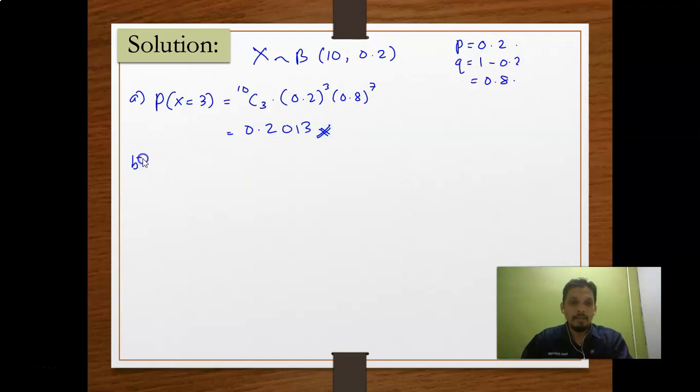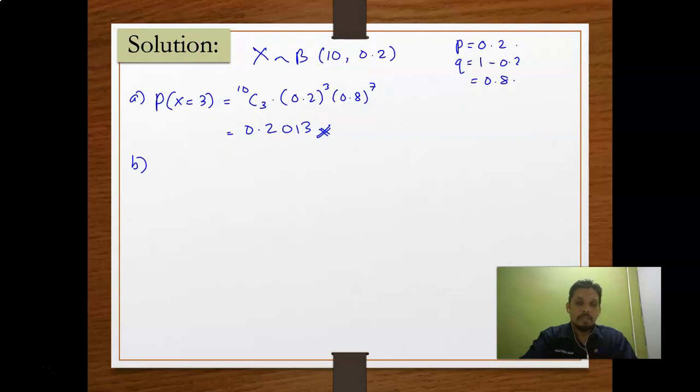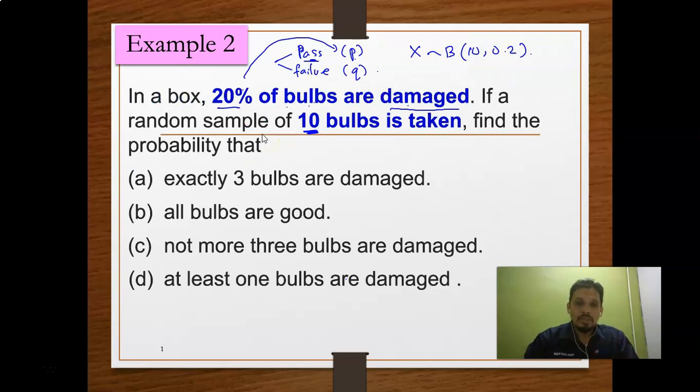Question (b): all bulbs are good. When all bulbs are good, this is P, but this one is considered as bulb damaged. So look at the question here.